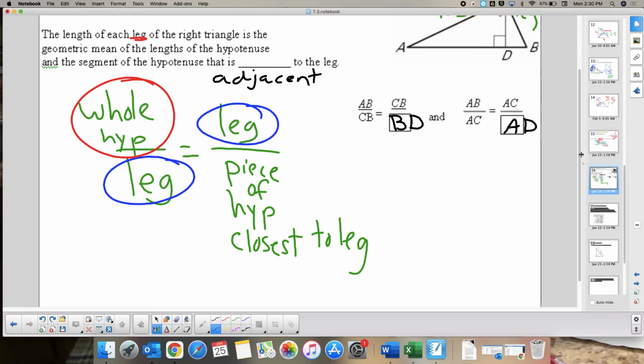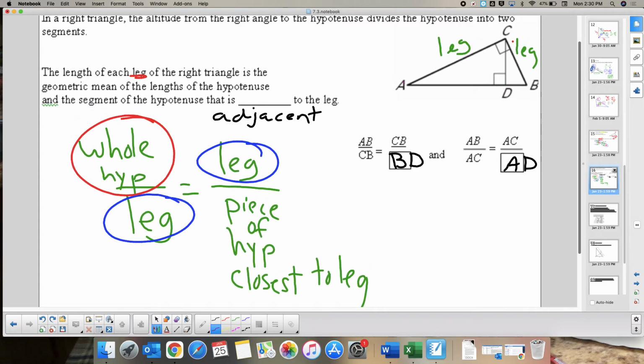If I'm using leg AC, for example, the piece we want to use is AD, because that's the piece that's closer. If we are doing this leg, we're going to do piece BD, because that's the piece that's closer. And we're going to do plenty of examples of these over the course of your homework and in class and going forward.